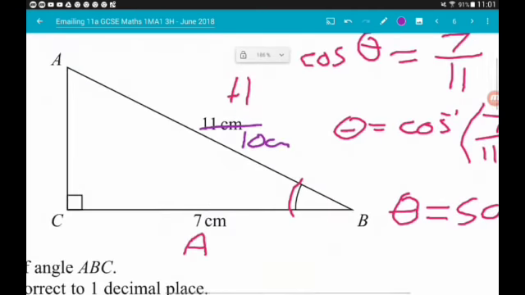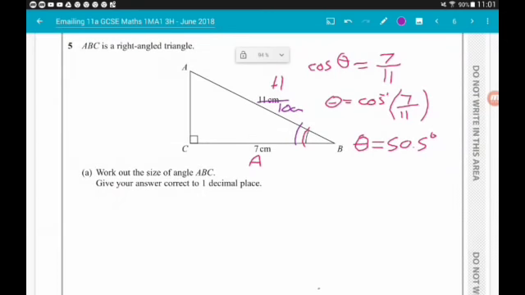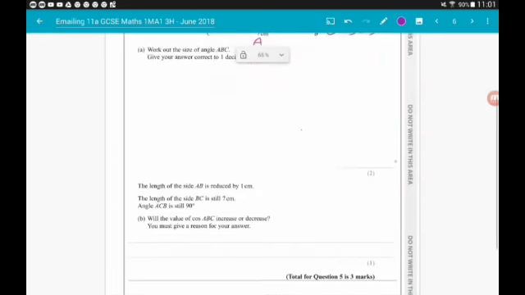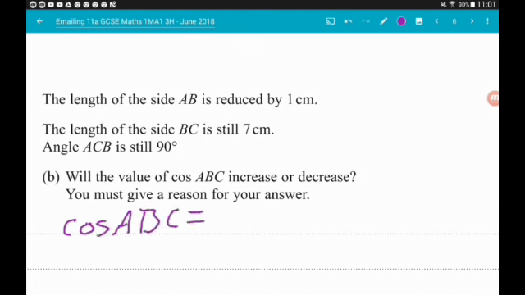So remember, ABC is this angle here. So cos of that angle is now 7 over 10. So cos ABC is now 7 over 10.